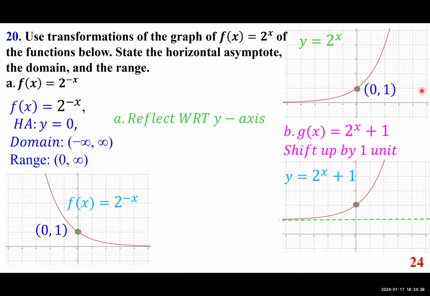So your y-intercept was 0, 1, but it's now 0, 2. So that has changed. And your horizontal asymptote was the x-axis, or y equal to 0, is now y equals 1.